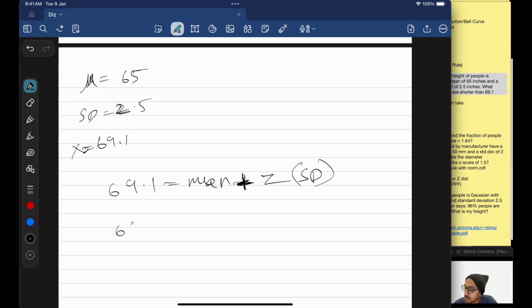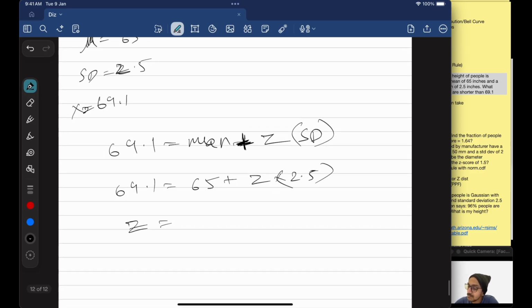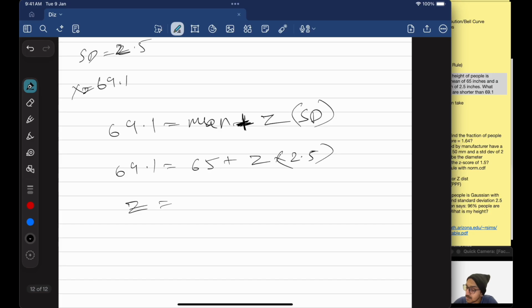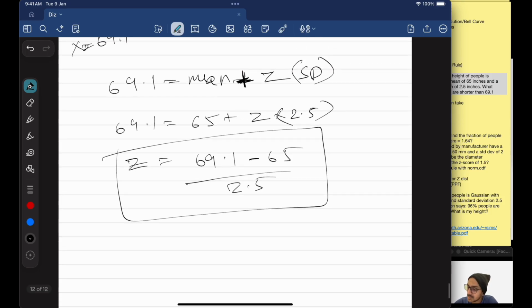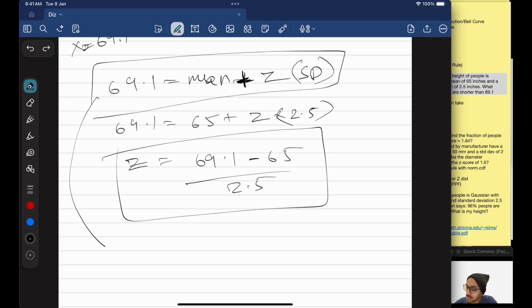And our standard deviation is 2.5. So basically this is the mean, which is 65, plus z times 2.5. So we can solve this by saying something like 69.1 minus 65 by 2.5. This is basically our z-score formula. This is our x, right?